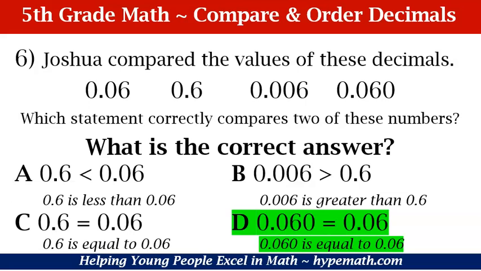If you're not sure, take a deep breath and then ask yourself, does this answer choice make sense? All of the ones we just went over for A, B, and C, they did not make sense, did they? No. So we know that those are wrong. We may think that D is correct, and we may not know, but we absolutely know that A, B, and C are incorrect. So our correct answer is D.